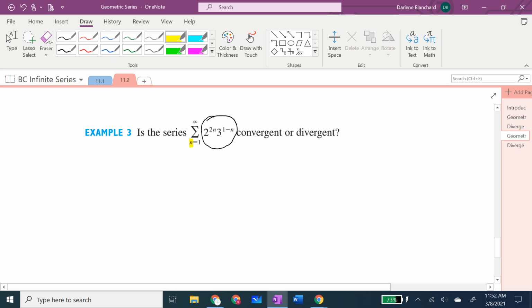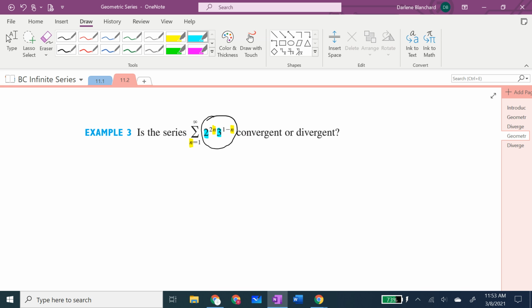The variable of the sigma, if it is only located in an exponent with bases that are real numbers, you have a geometric series. Then the biggest thing you need to do is find r. r determines whether it converges or diverges.